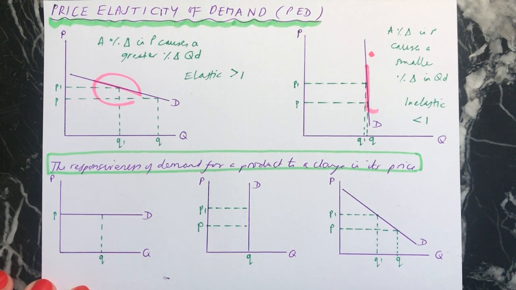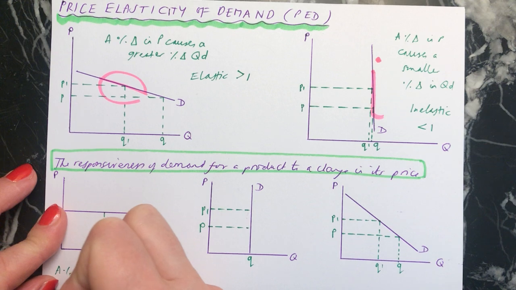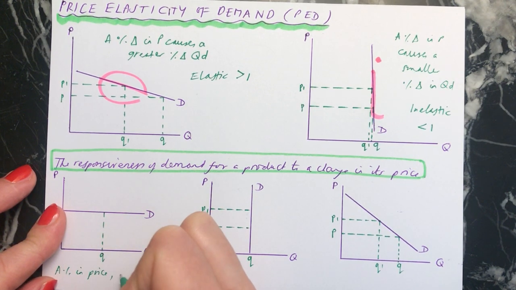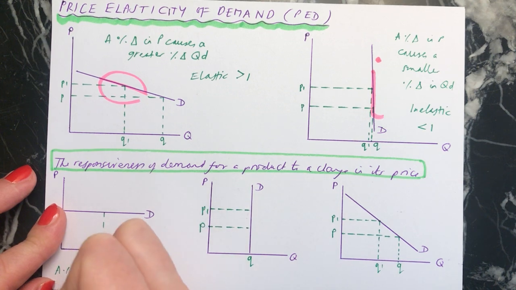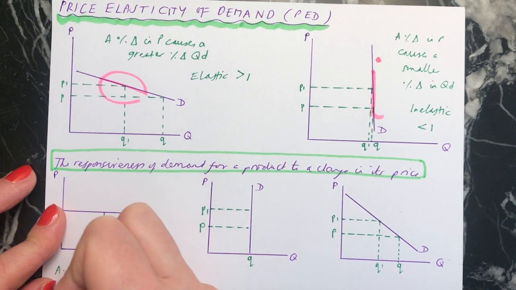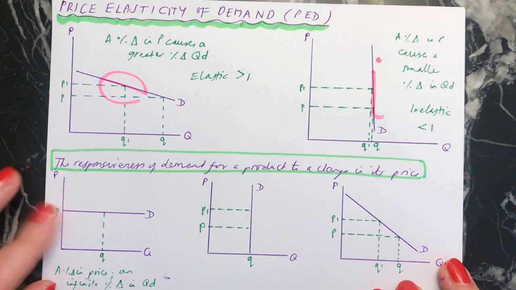In this curve, you can see that there's not going to be a change in the price because the curve is a completely horizontal line. And in this case, a percentage change in price we say leads to an infinite percentage change in the quantity demanded.